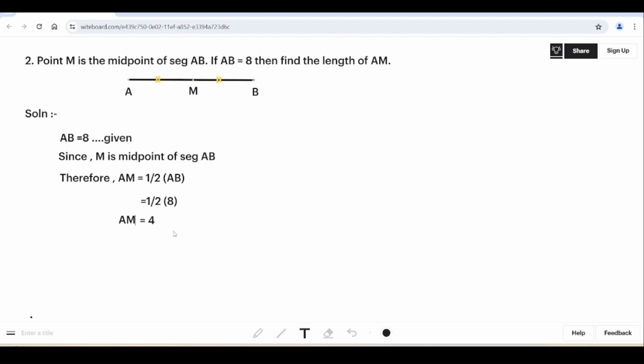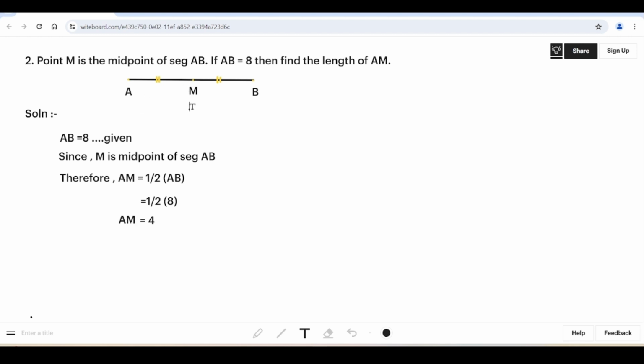The main point we have to keep in mind here is that M is a midpoint. Therefore, it will divide this segment into two equal parts. Therefore, we have AM is half of AB, and AB is given. Then we can calculate AM.